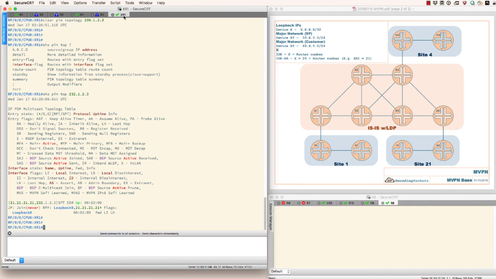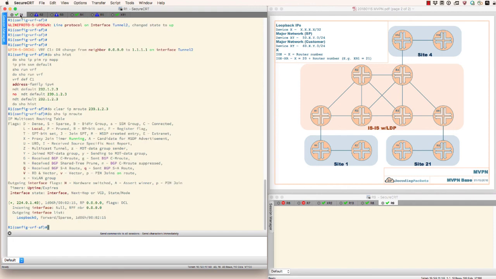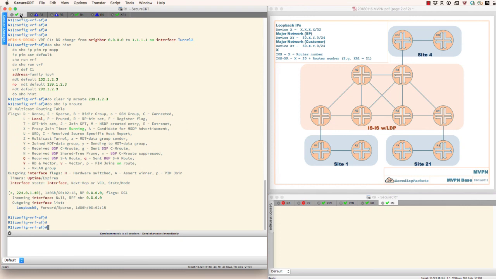And that, like I said, they do behave a little bit differently. That at the very least has created the S, G tree. But there is no forwarding going on there right now because nobody knows to join this group yet. So they are unaware of each other's inclination to join the MVPN.